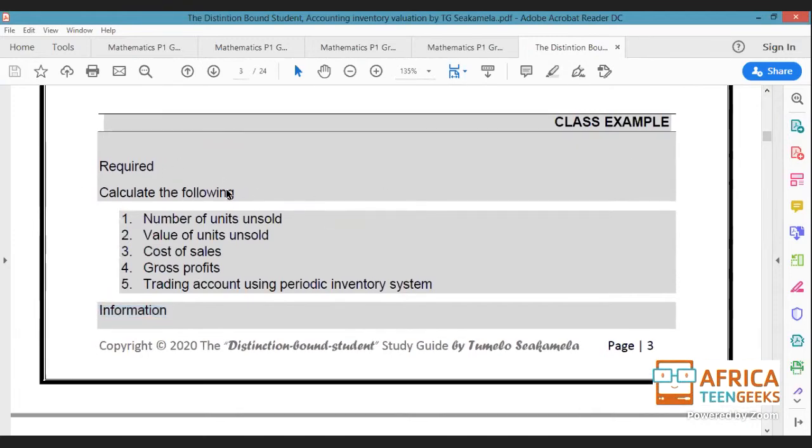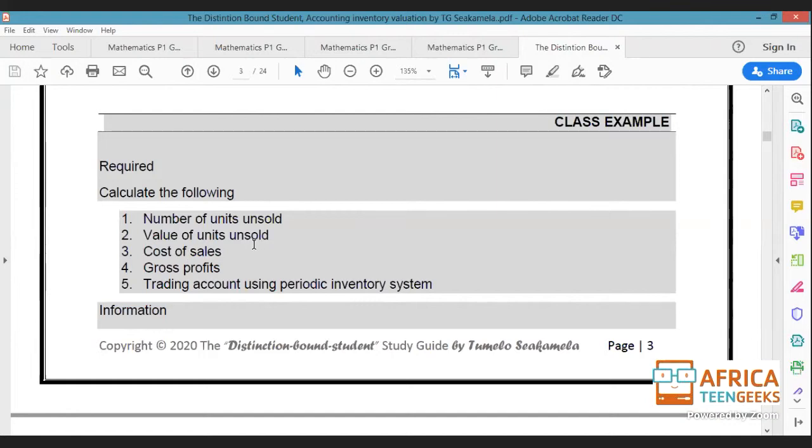The required: calculate the following: the number of units unsold, the value of the units unsold. Here they want the number of units on hand. Here they want value, meaning the amount. What value? We speak about money, value of units unsold.